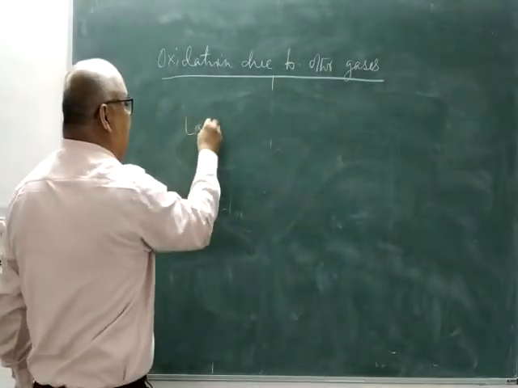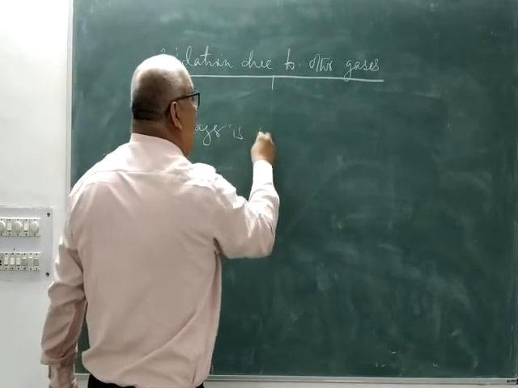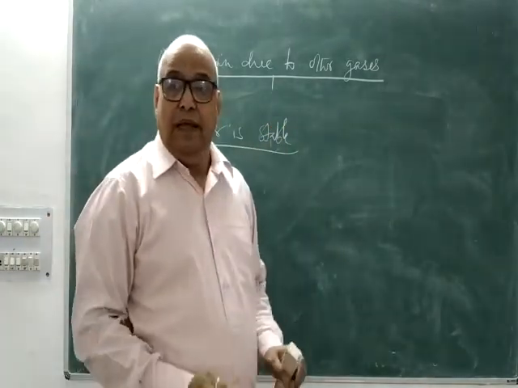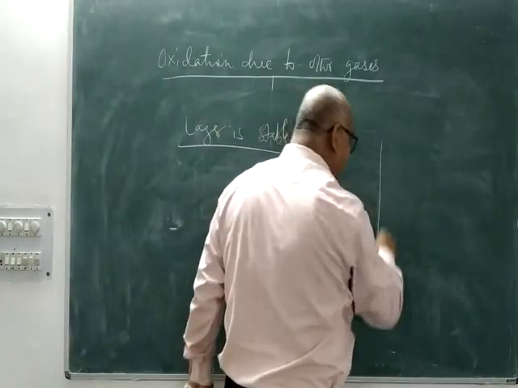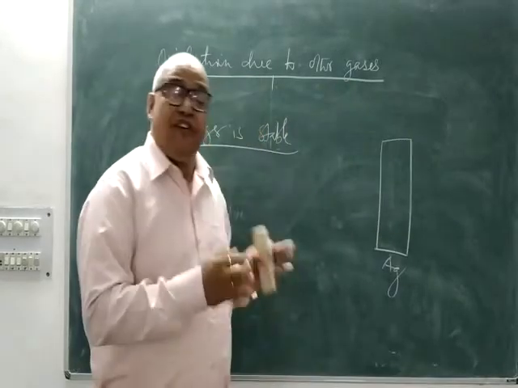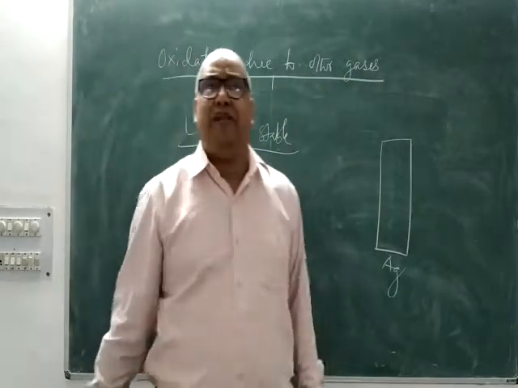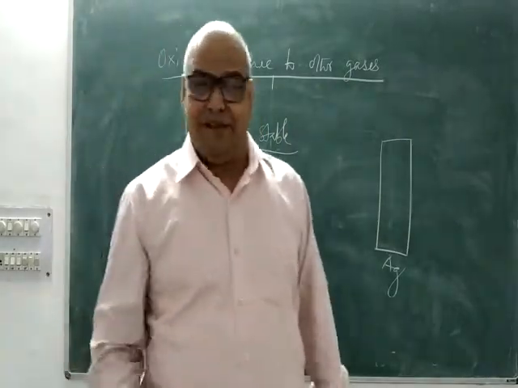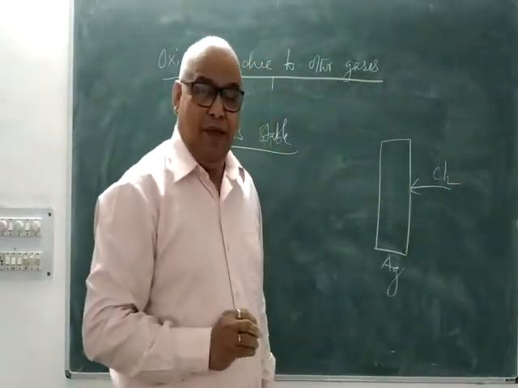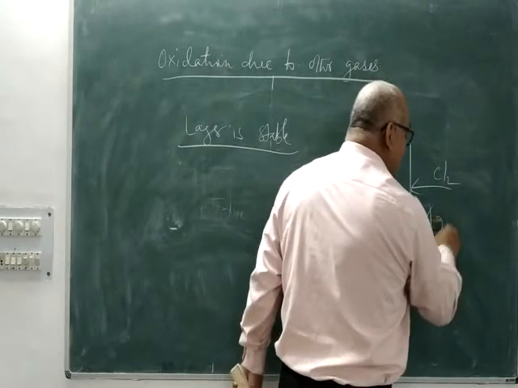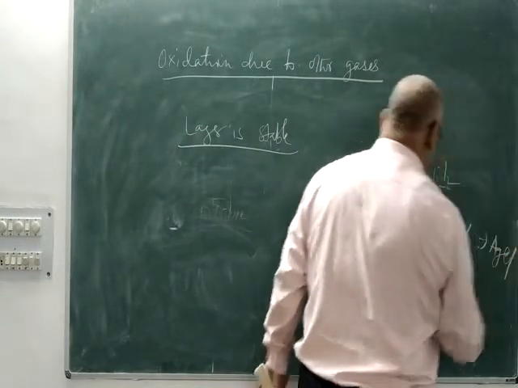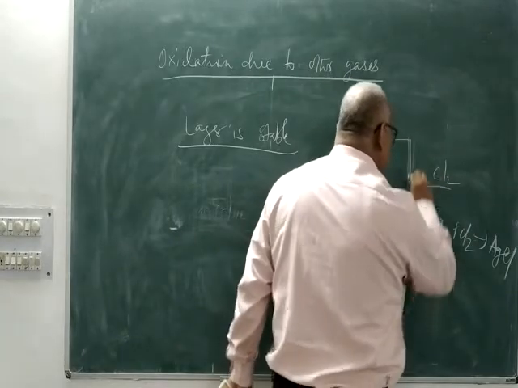Say the layer is stable. What does it mean? Let us take a metallic structure made of silver, and the structure is kept in an environment where chlorine is there. Automatically it will be attacked by chlorine. What will happen? Silver plus chlorine will produce silver chloride, like this.